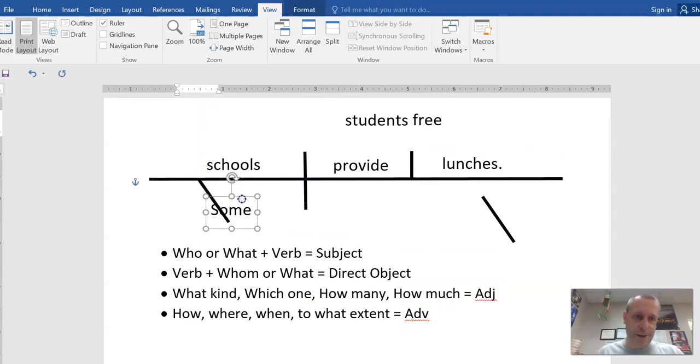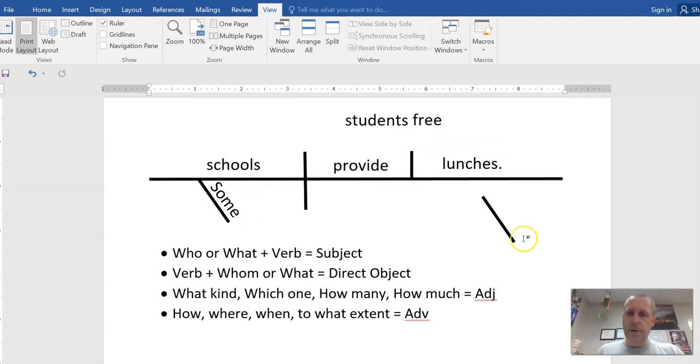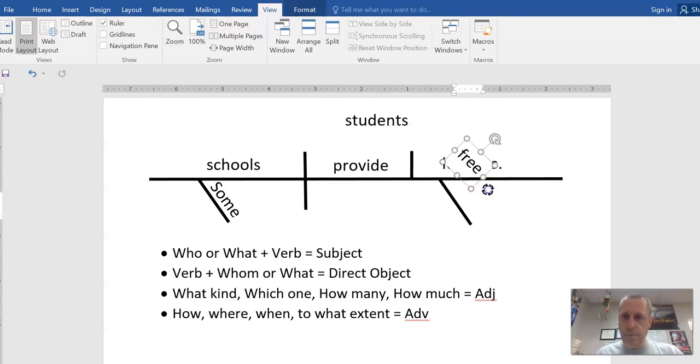It can be vague like that. Some schools. And then I'm going to look over here at lunches because I'm asking the question, what kind of lunches are they? What kind? That's an adjective question. And they are free. That's what kind of lunches they are. Free. And we'll pull that down there underneath lunches.